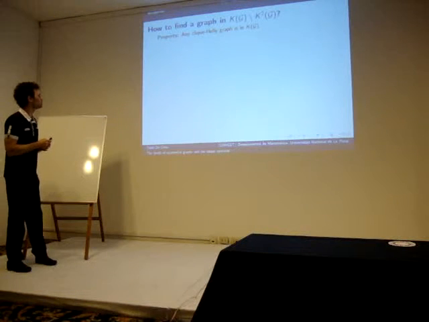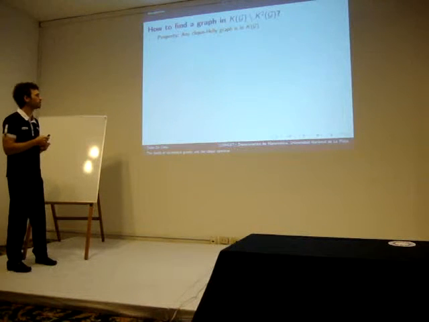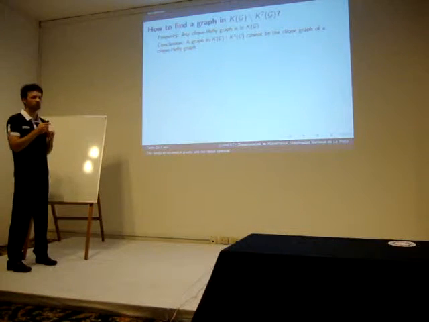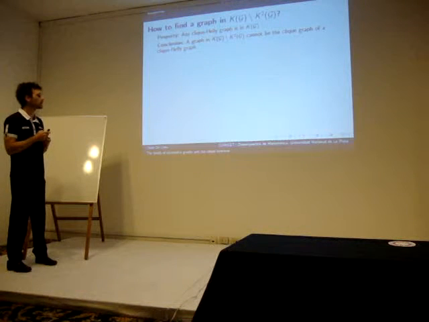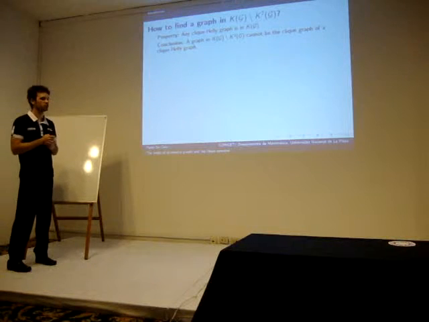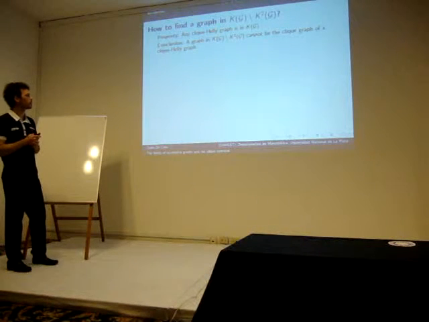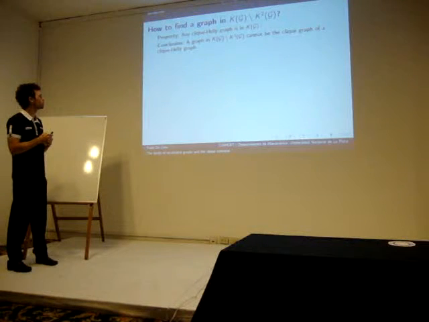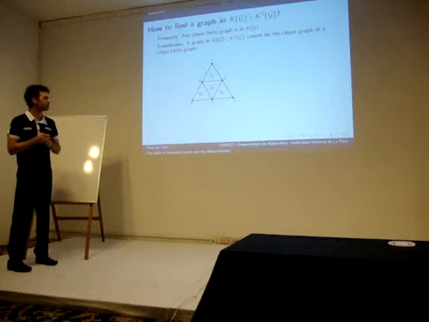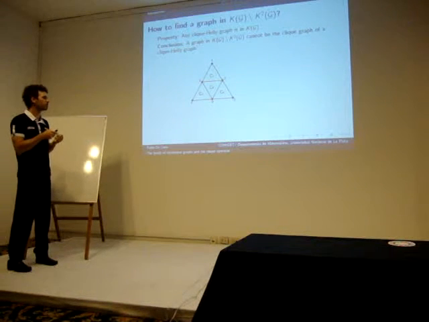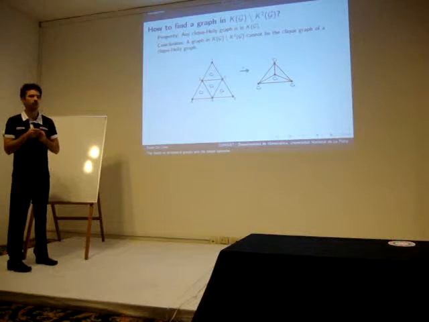So if we want to try to find a graph in K of G minus K squared of G, now we have to take into account that it cannot be the clique graph of a graph whose cliques form a Helly family, because clique-Helly graphs are clique graphs. So we could start with this graph that is not clique-Helly and expect that its clique graph is the graph we are looking for.